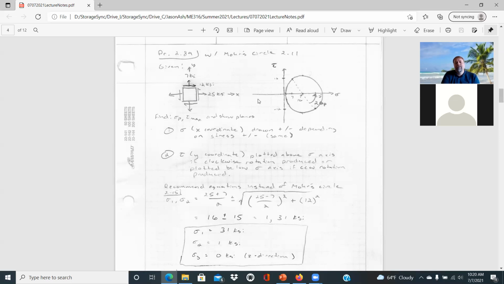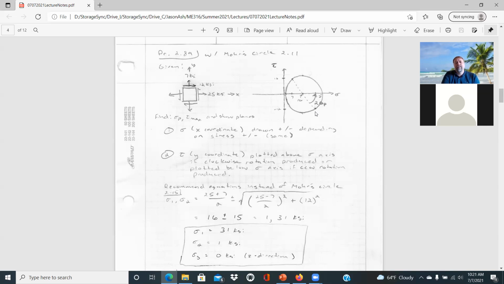And so clockwise rotations get plotted above the axis. Whereas if you look at the x-axis, those two shear arrows would cause a counterclockwise rotation. And so counterclockwise rotations get plotted below the axis. And then we have 25 KSI and then minus 12.